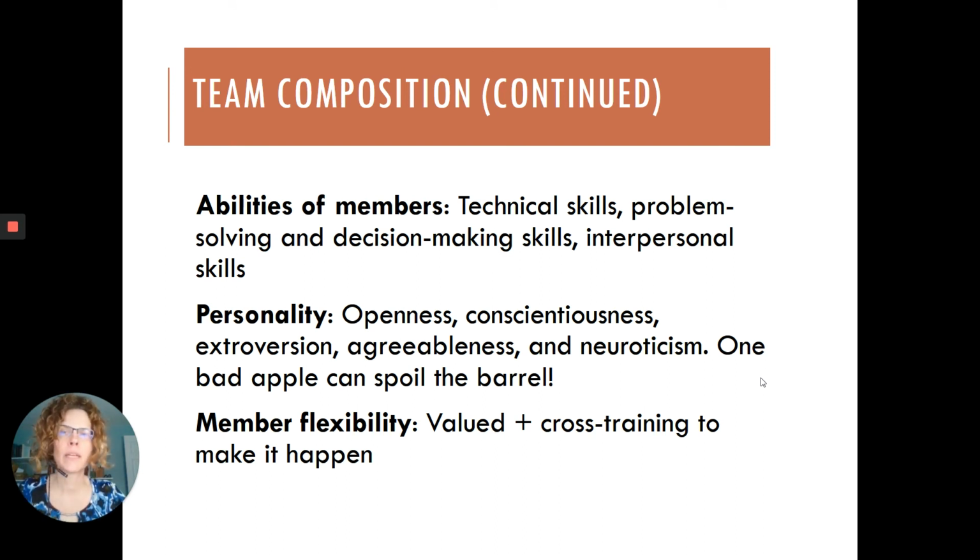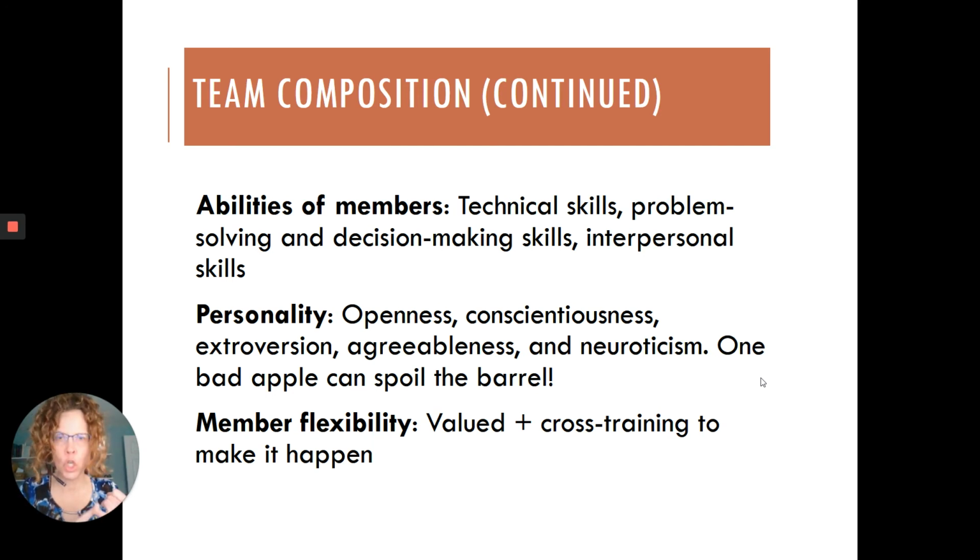Other things to be thinking about in the overall area of team composition. Members' abilities. They need to have technical skills. This is the how to do whatever it is they're being asked to do. For example, in a group project in a class, people might need to have financial skills. Those of you who are accounting or business majors, you'll take the strategy seminar as your capstone seminar.